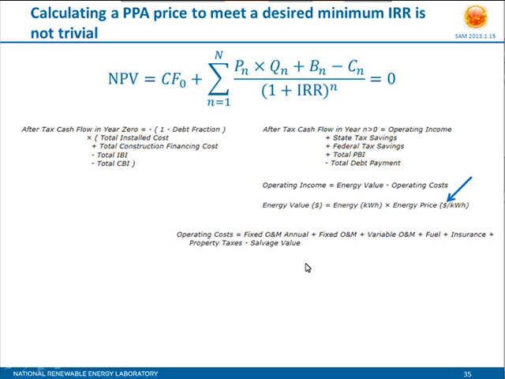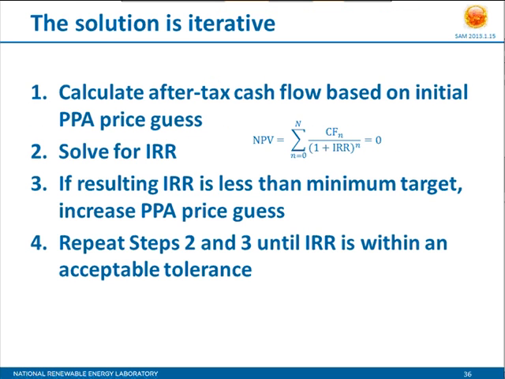In order to calculate the PPA price from the IRR, SAM has to use an iterative method, which I've outlined here. The purpose of showing you this is just so that you know that there's this iterative algorithm that can fail if you provide it with unreasonable inputs, and you may encounter this as you're working with a PPA model.